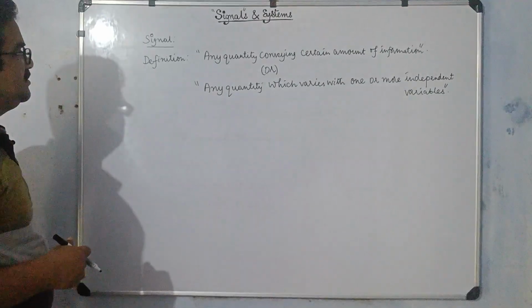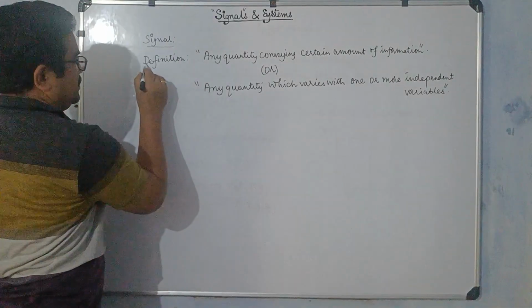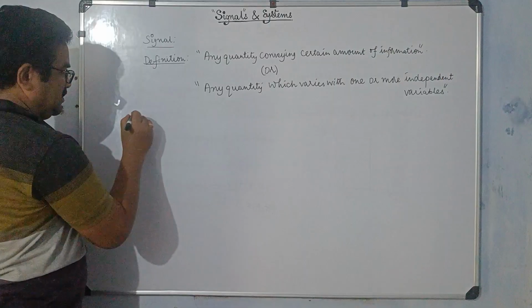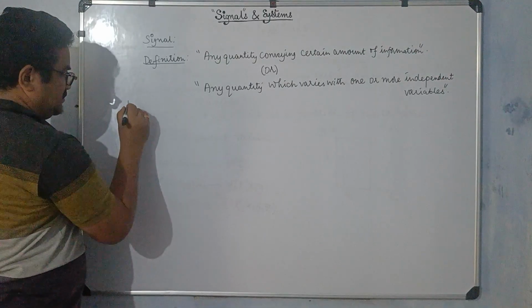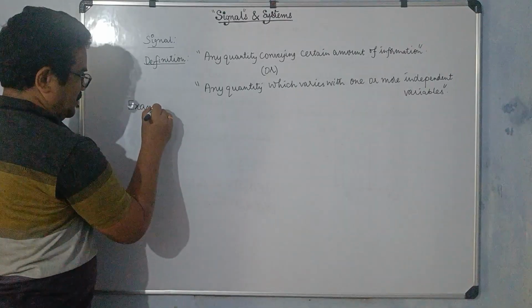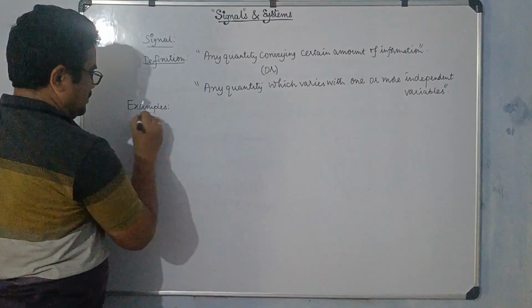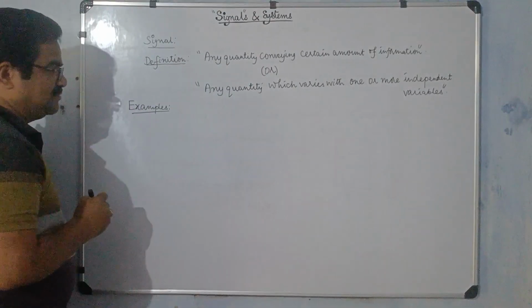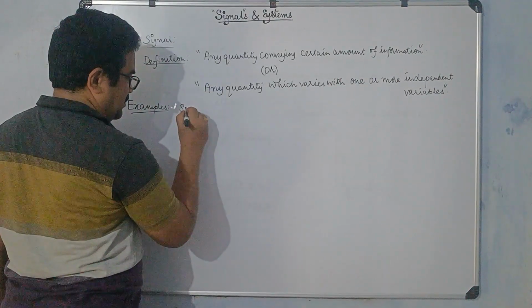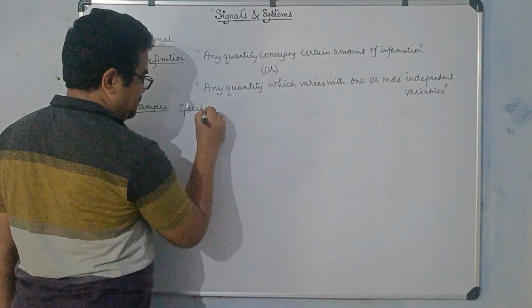So let us try to understand the definition of a signal with a few more examples. Okay. So let us see other examples. Just now I told you speech signal.